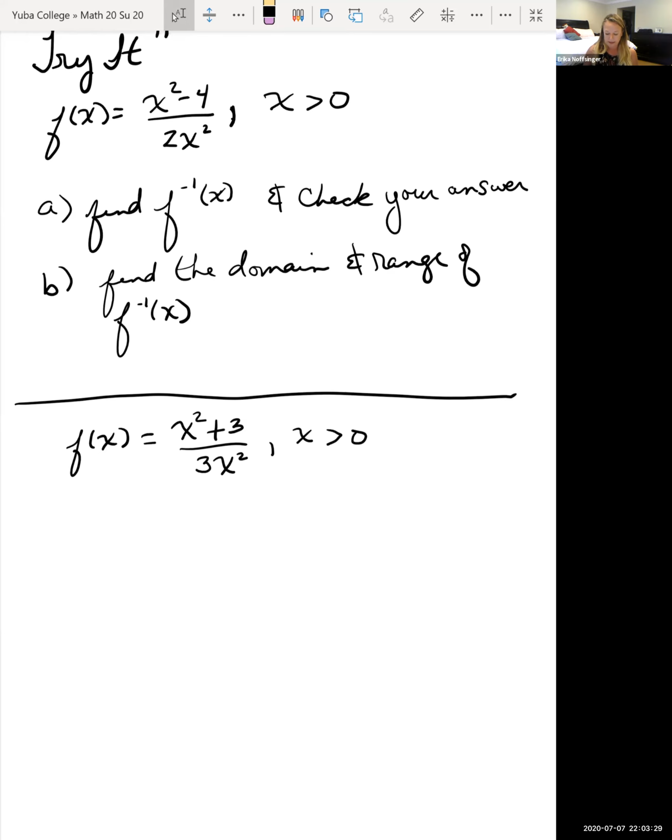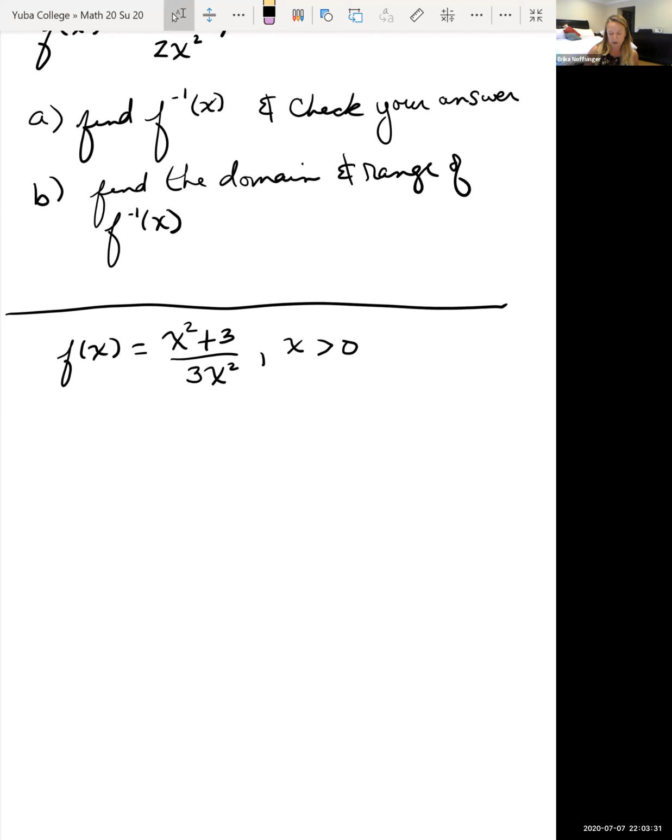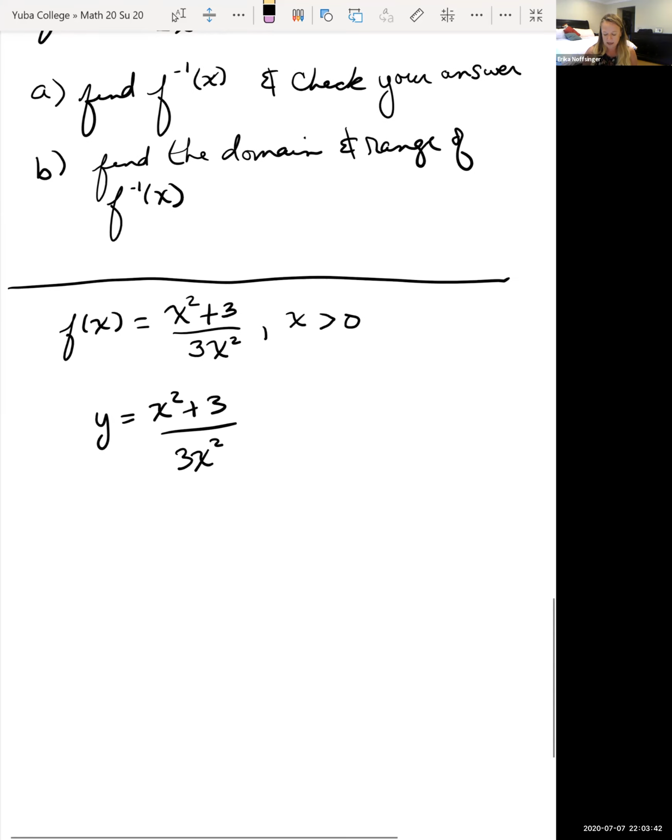So to find the inverse of this function, we want to rewrite our function as y equals x squared plus 3 all over 3x squared. So instead of function notation, it's y. Now go back in and wherever you see x, rewrite it with y, and wherever you see y, rewrite it with x. So we have x then is equal to y squared plus 3 all over 3y squared. So we want to solve for y here.